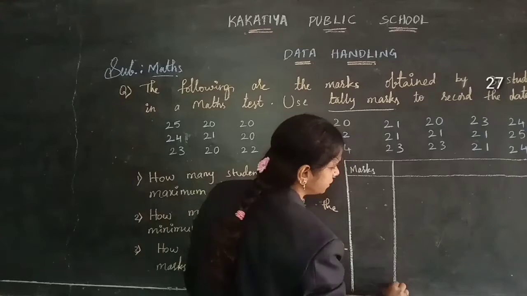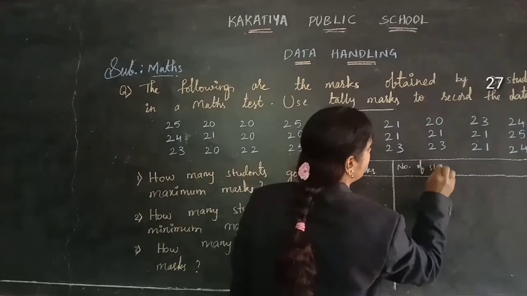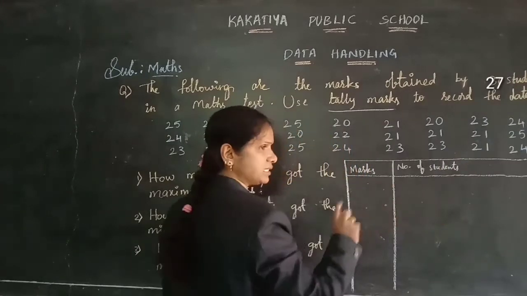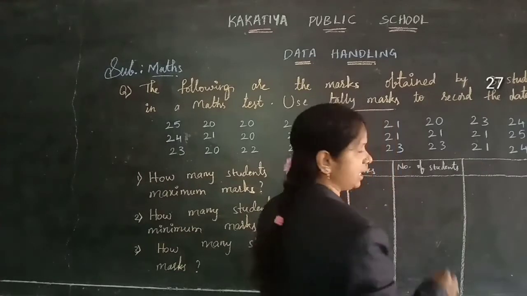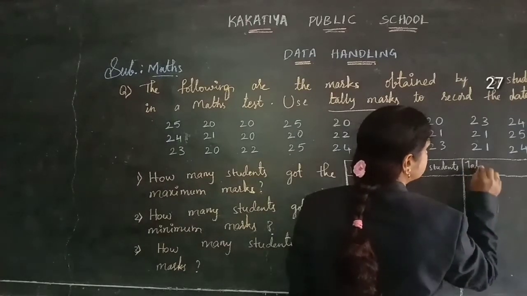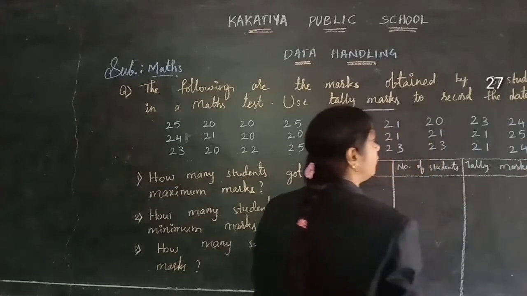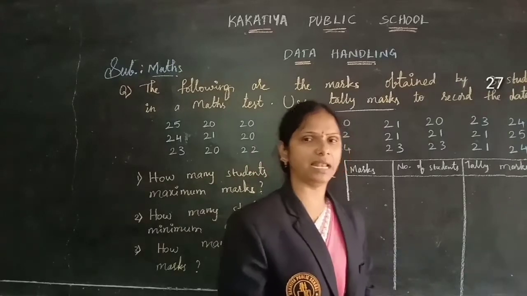And here, number of students, how many students obtained that marks. And the next column I am taking as tally marks. We need to show the number of students in the form of tally marks.